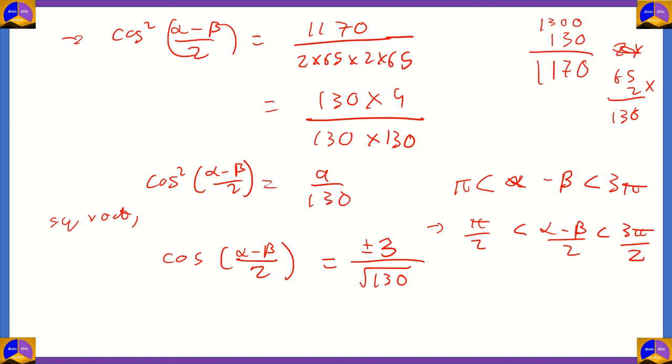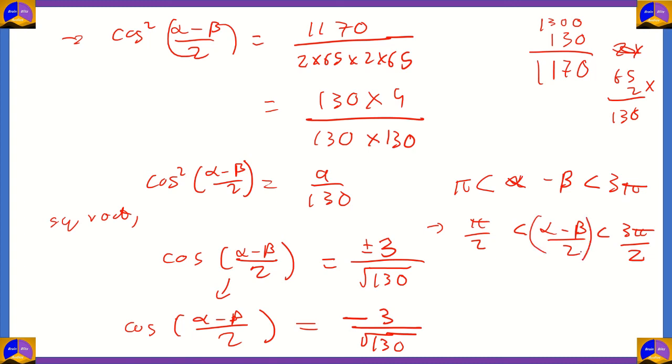So therefore, the value of cos alpha minus beta divided by 2 is minus of 3 divided by under root of 130. And the reason why is because of the earlier relation for the angles. We just have to divide by 2, and we notice that alpha minus beta by 2, the angle, lies either in the second quadrant or in the third quadrant.